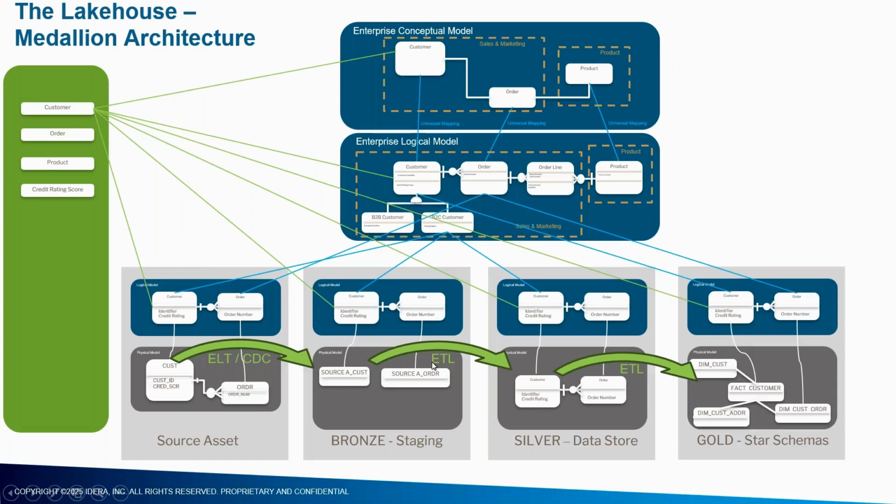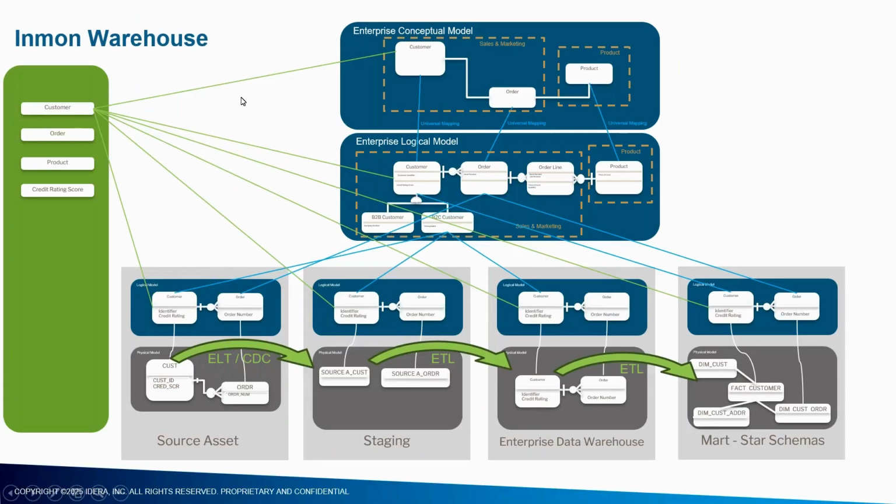You can also create some visual data lineage to document how your ETL or ELT solution is working to populate the different layers. We support Inmon Warehouse 2 with its own data marts and so on.